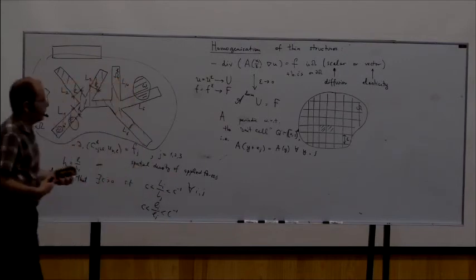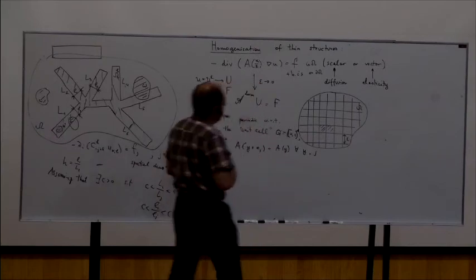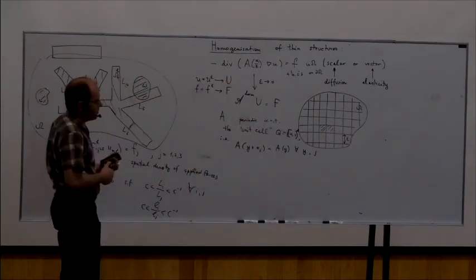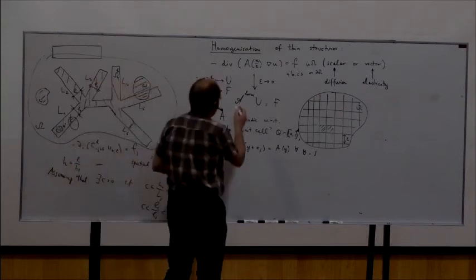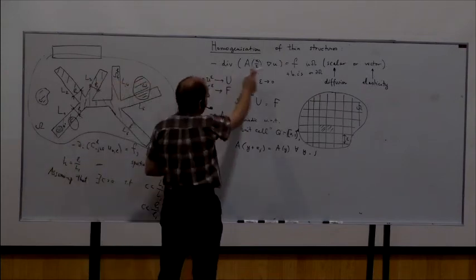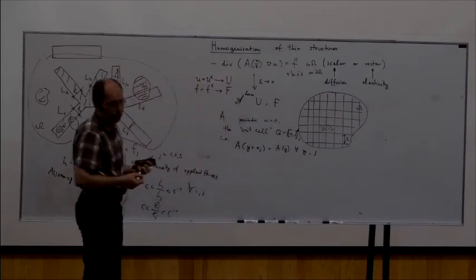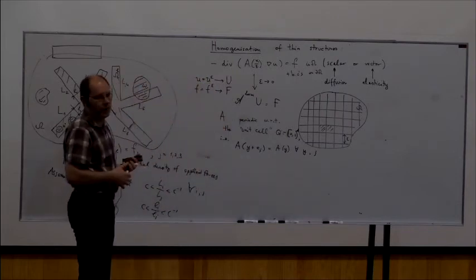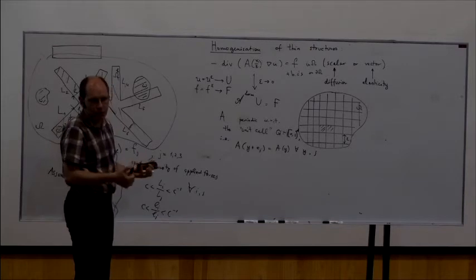So it turns out that the solutions U epsilon converge in the sense of the energy norm, which is the kind of convergence that is naturally attached to our problem.